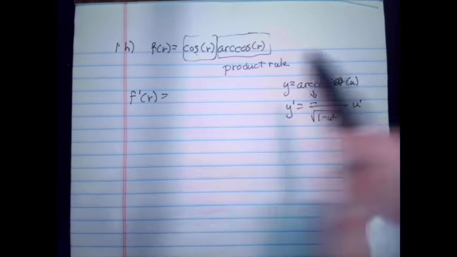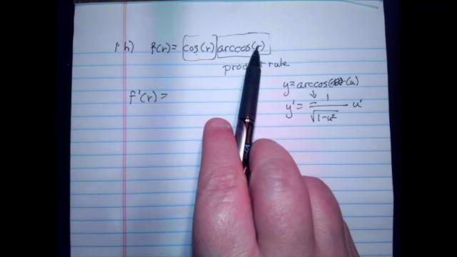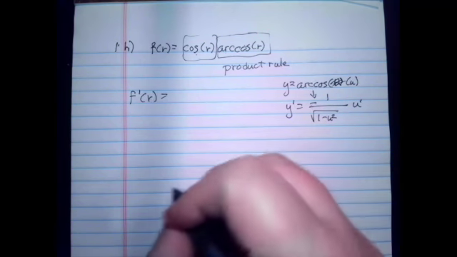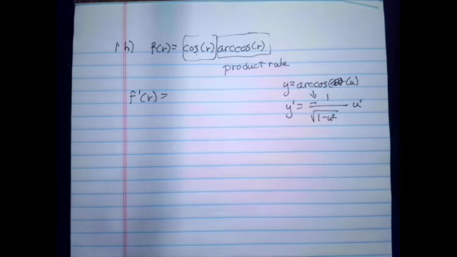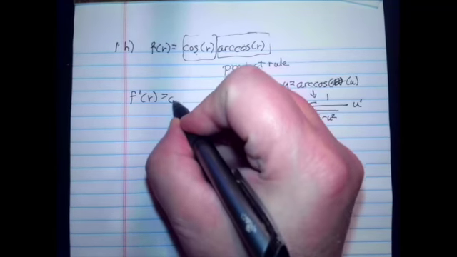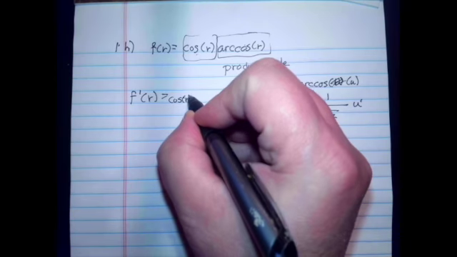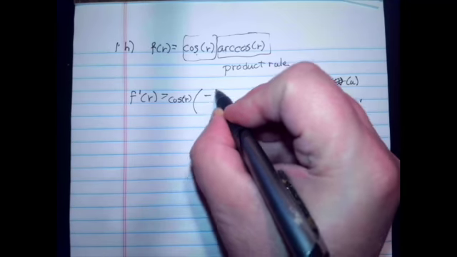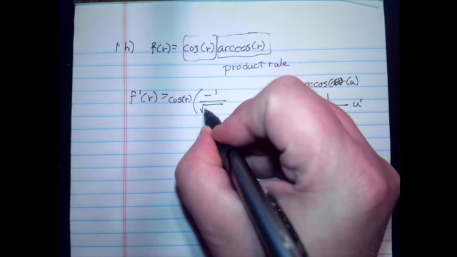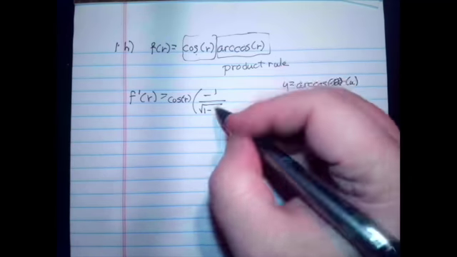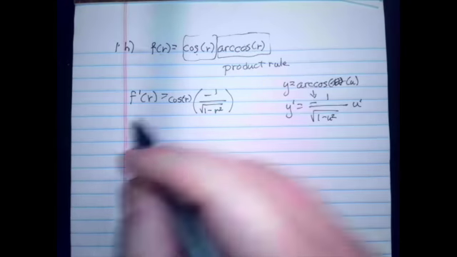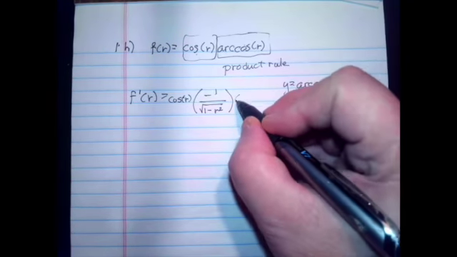But here we are differentiating with respect to r, and we have only an r here. We don't have a function of r inside the arc cosine, so that's going to make our work a little bit simpler. So we will have the cosine of r times the derivative of the arc cosine, which is negative 1 over the square root of 1 minus u squared, but u is r, times u prime. But we're differentiating r with respect to r, that's going to be 1.